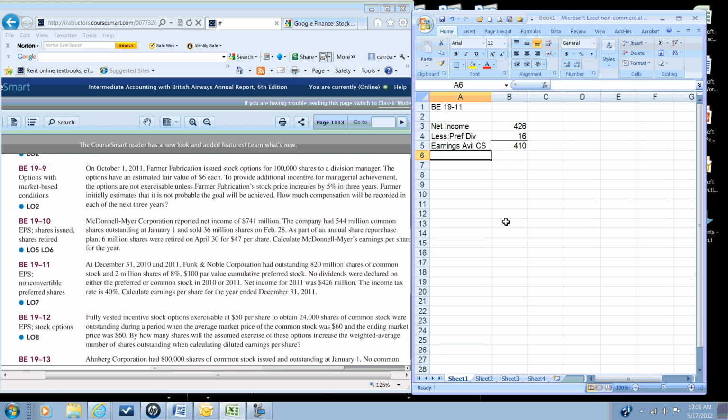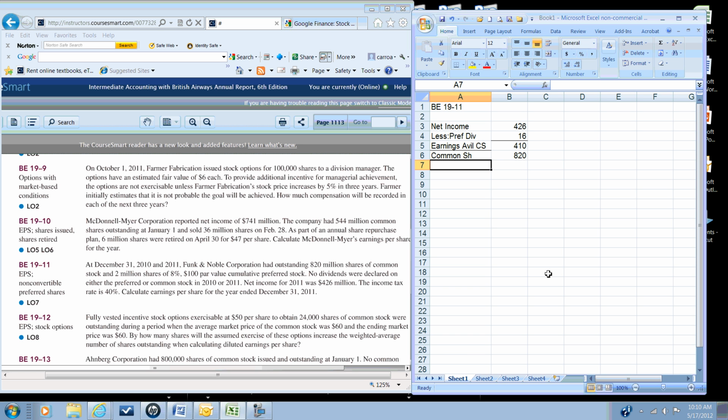In this particular case, we have no changes to the number of common shares outstanding. And the problem tells us that we have 820 million shares.